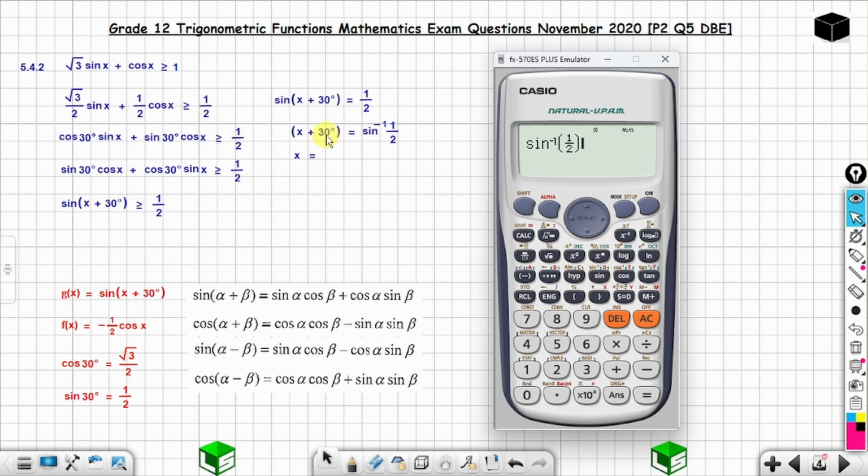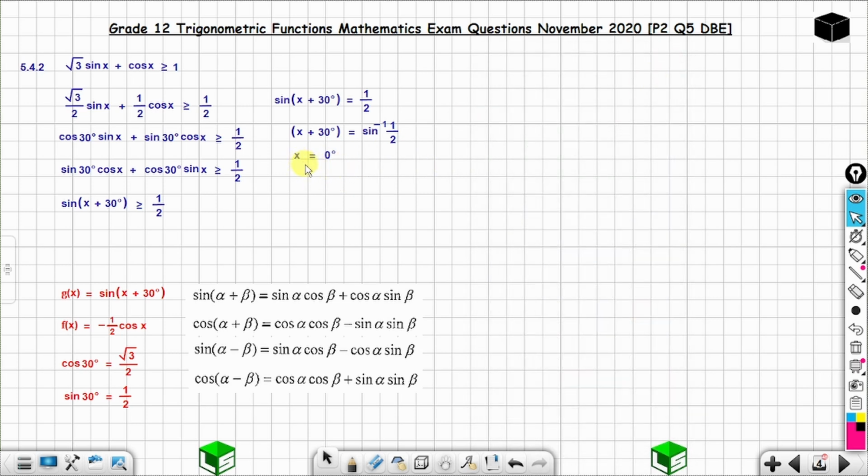You take 30 to the right so that you can solve for x only. Take 30 to the right, minus 30. So you have 0, so 0 degrees. Now you know at 0 degrees y is equal to 1 over 2.